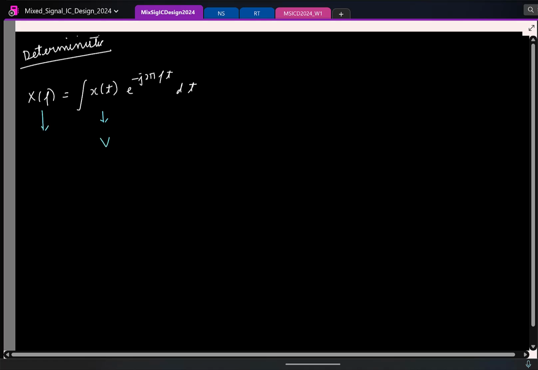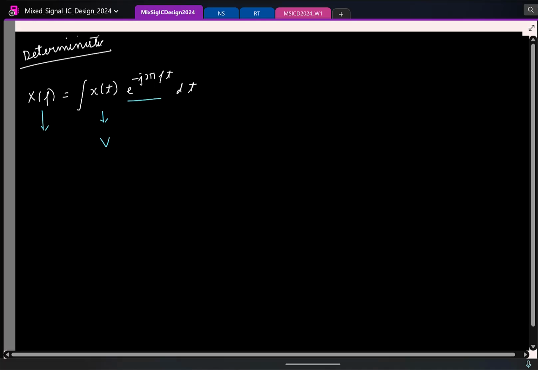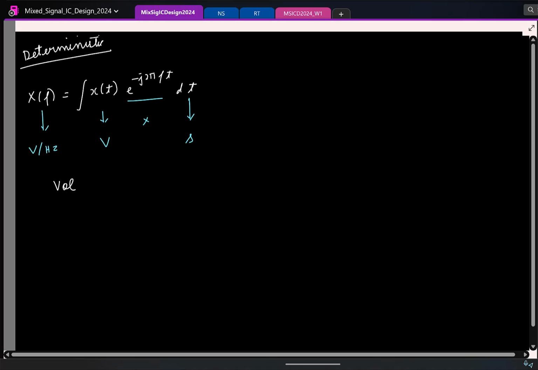What is the unit of the Fourier transform? What is the unit of the exponential? It's unitless. So this is basically volts per hertz, and you can treat it as a voltage or amplitude spectral density.